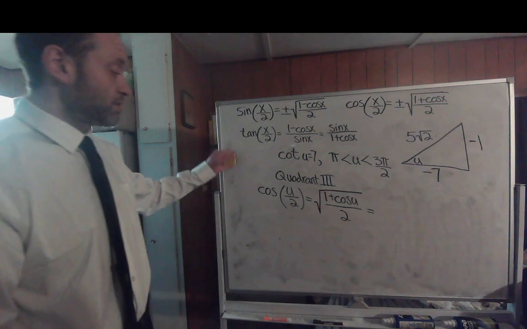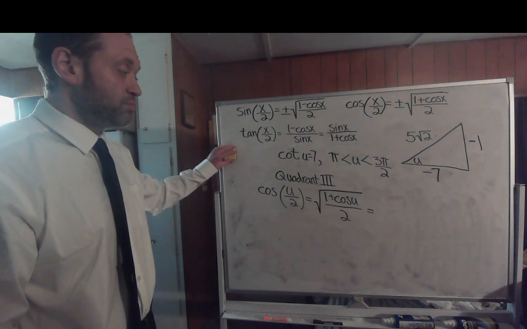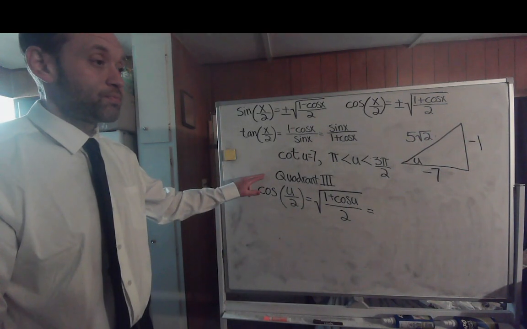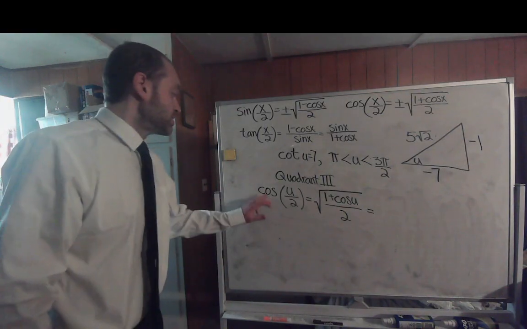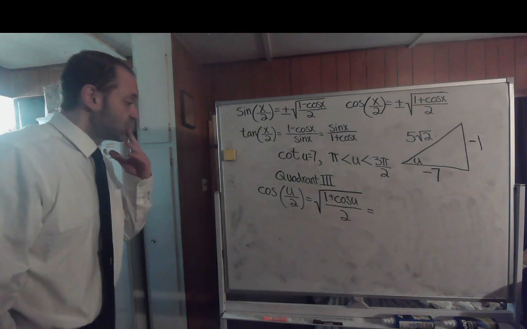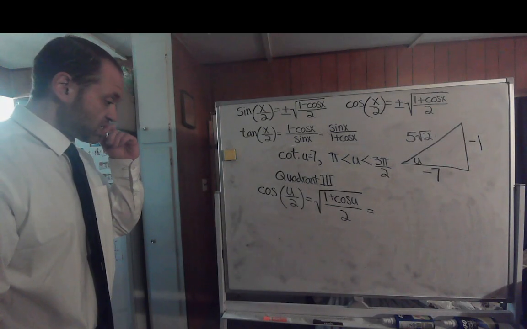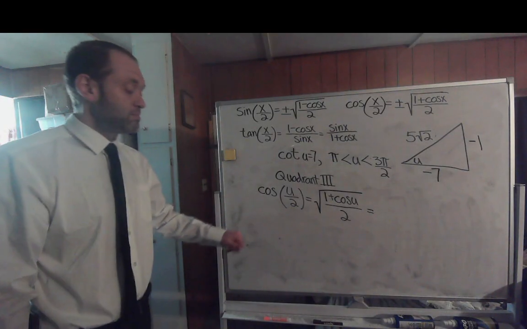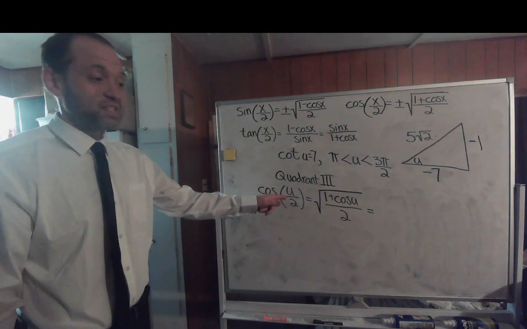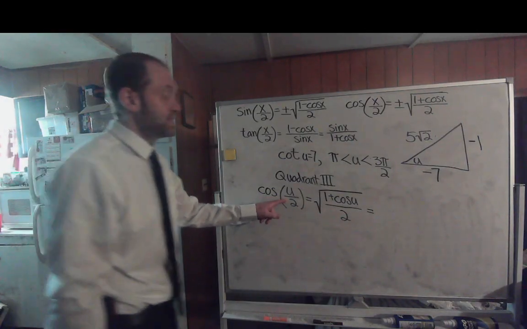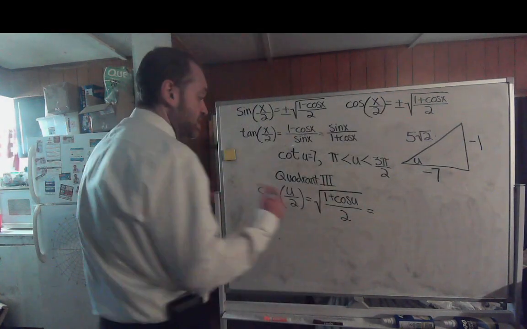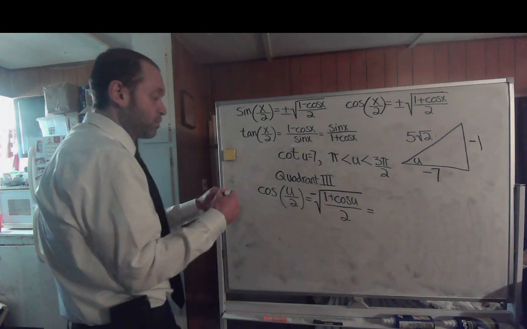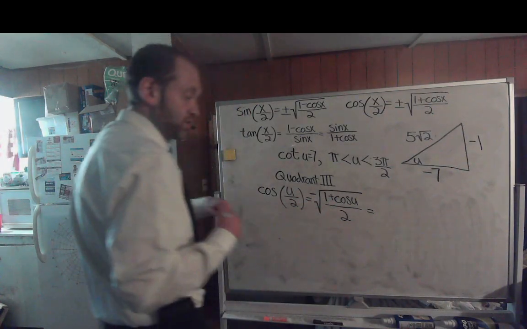So half of a third quadrant angle is going to be a second quadrant angle. So that means for the cosine, u over 2 is in the second quadrant. That means we need to take the negative square root this time. So we'll take the negative square root of 1 plus cosine of u, over 2.